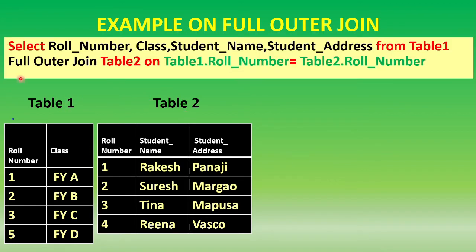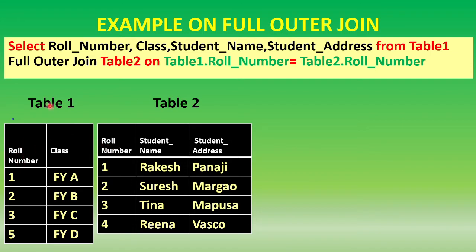Suppose the query is this: I want to find out the roll number, class, student name and student address from table 1 full outer join table 2 on table 1 dot roll number equal to table 2 dot roll number. Meaning, when you do the join of two tables, there has to be one column common between both the tables, and that column is roll number.